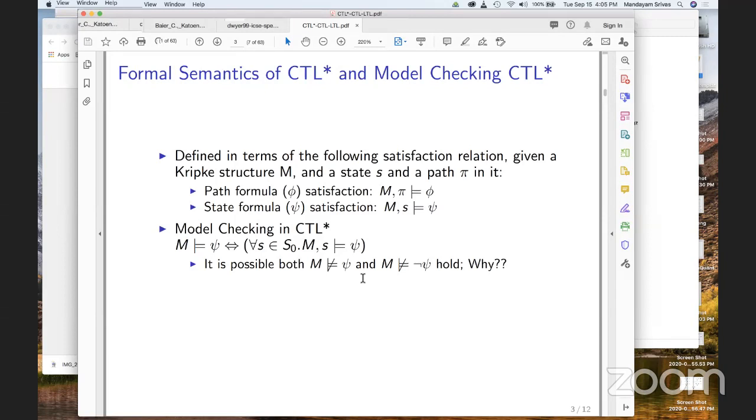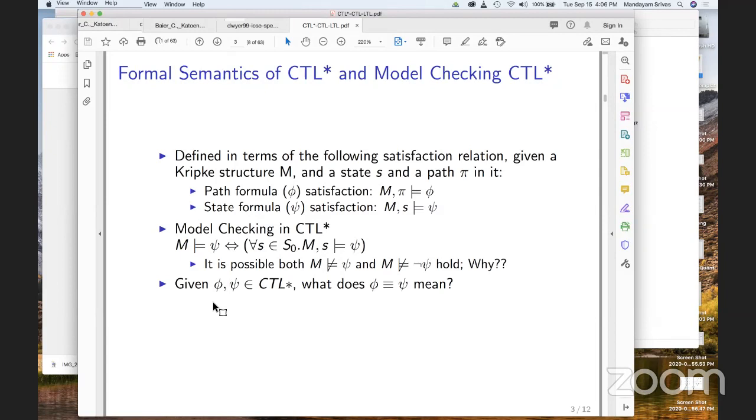That is one observation I wanted to make, because in classical logic, like propositional logic, negation is defined in such a way that one of them will hold. But here, because satisfaction with respect to a model is defined so that it should hold for all initial states, this condition is a consequence of that. So that is something you should be aware of.